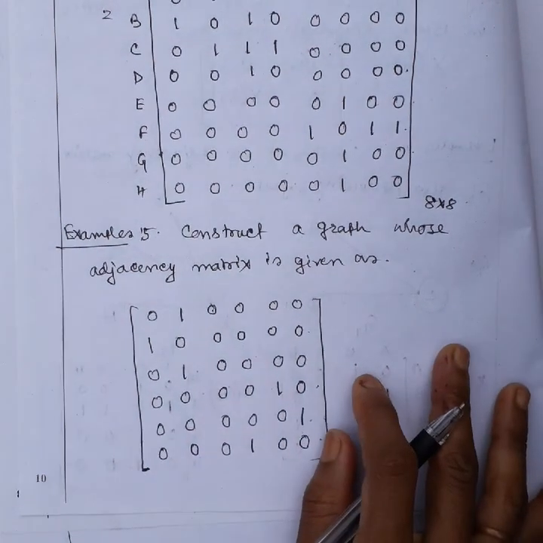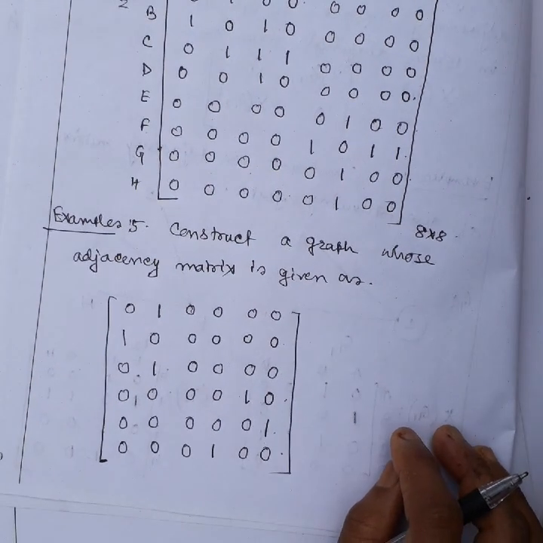Since the matrix is a 6 by 6 matrix, the graph contains 6 vertices.